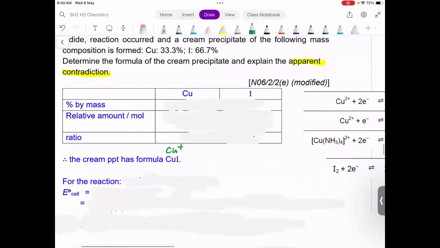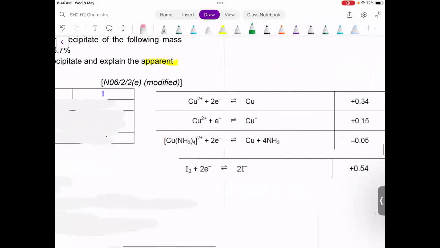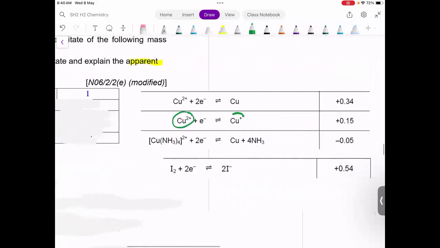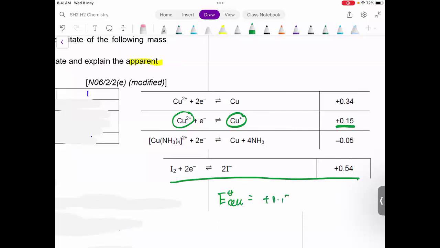If you choose the relevant half equation from here, copper 2 to copper 1 is positive 0.15, while iodide to iodine is positive 0.54. So if you calculate the E0 cell again, based on the product formed, it will be positive 0.15 minus positive 0.54, and obviously it's less than 0.